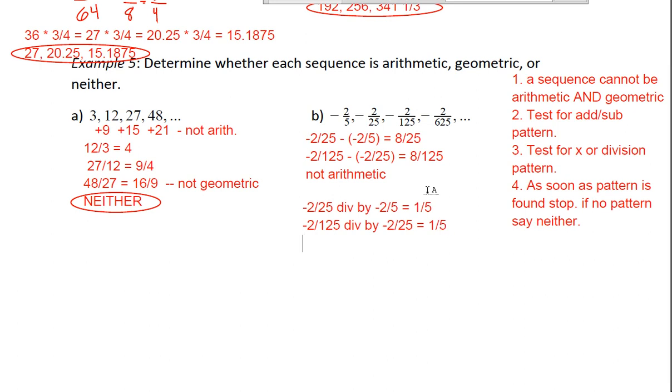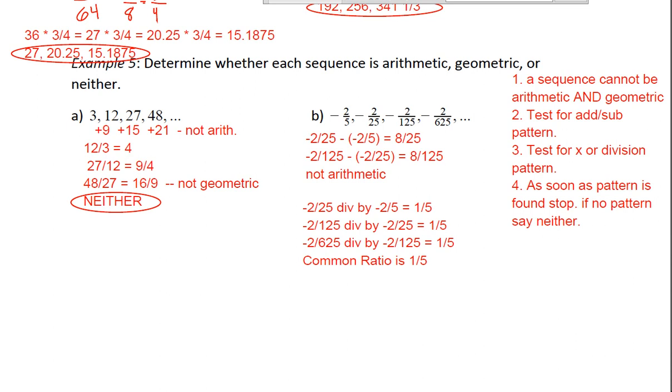And remember, you have to check all of them, so make sure one more time. Negative 2 over 625 divided by negative 2 over 125, also 1 fifth. So we have a common ratio, the common ratio is 1 fifth.